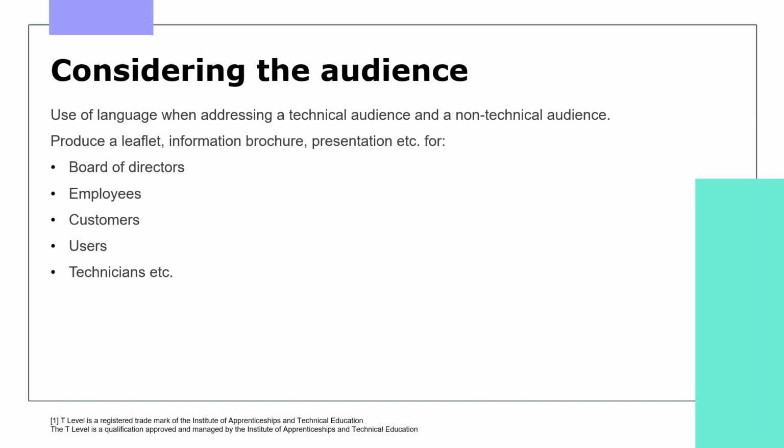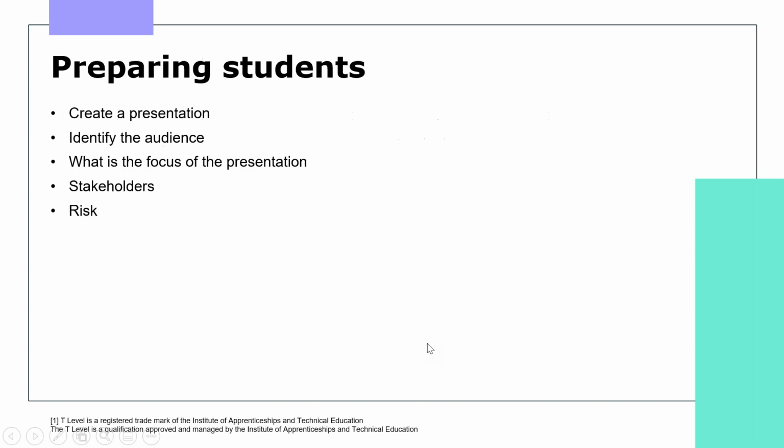But they have to produce ones for different audiences, such as customers versus stakeholders, or in terms of IT, an IT user and an IT technician, and tailor the language and terminology appropriately. And again, I want to hand over to David Tin for some additional suggestions.